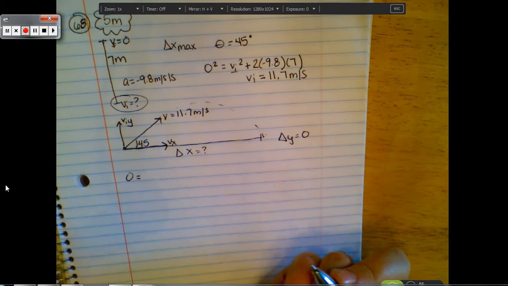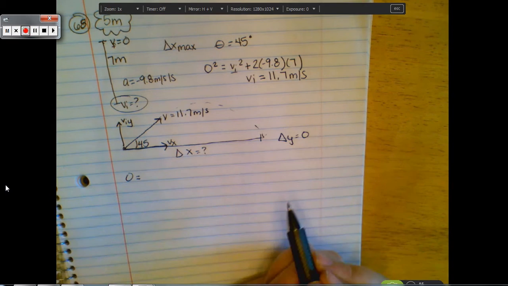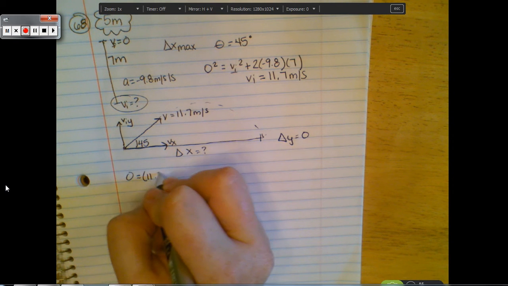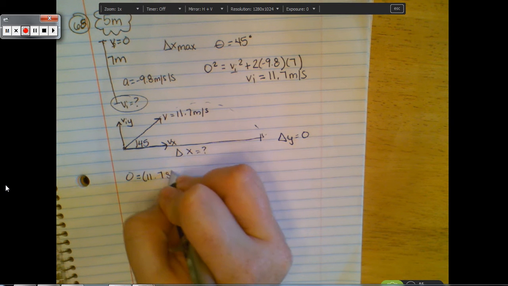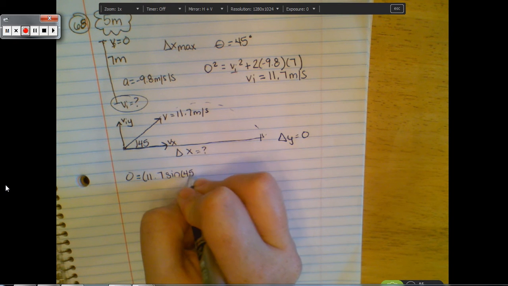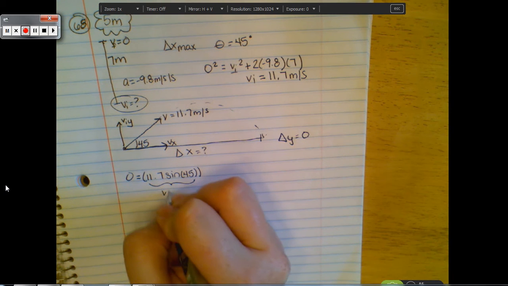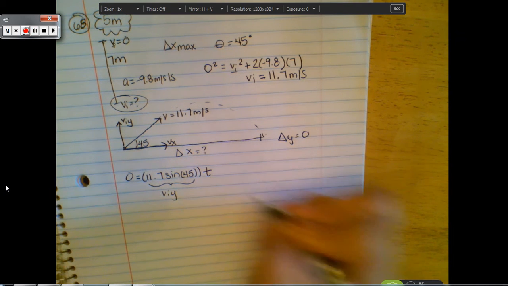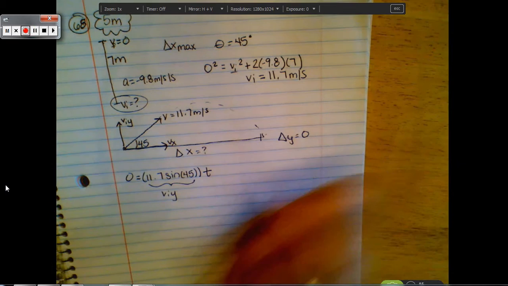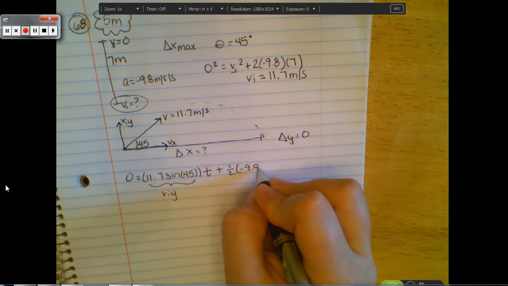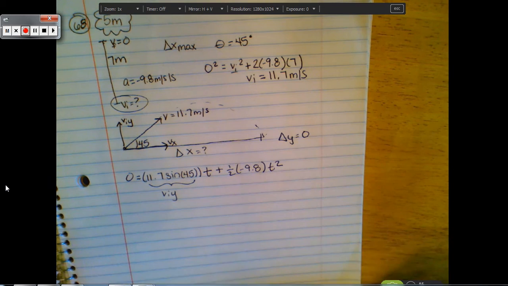0 equals VIY. VIY is 11.7 times the sine of 45 degrees. Okay, that right there is my VIY times T plus 1/2 AT squared. So plus 1/2 negative 9.8 T squared.